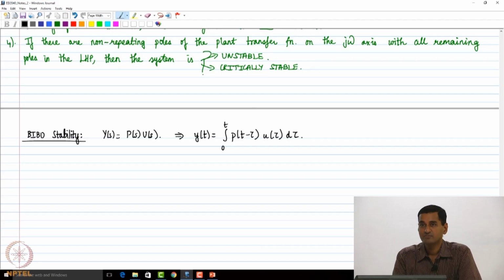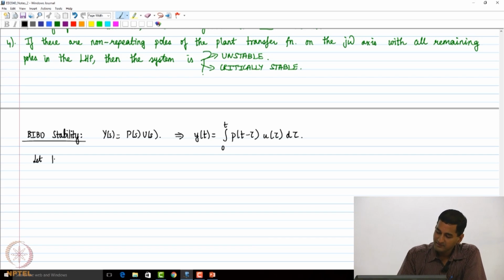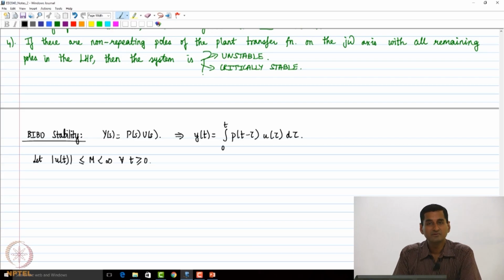I am using the convolution integral. Let the magnitude of u of t be bounded by a positive real scalar m for all t greater than or equal to 0. Correct? Then what will happen?